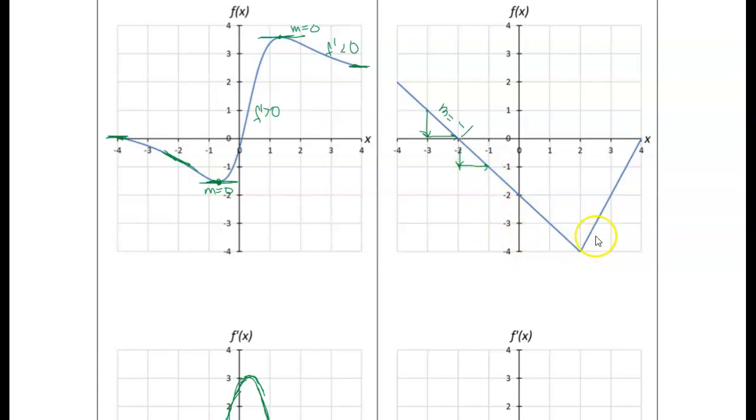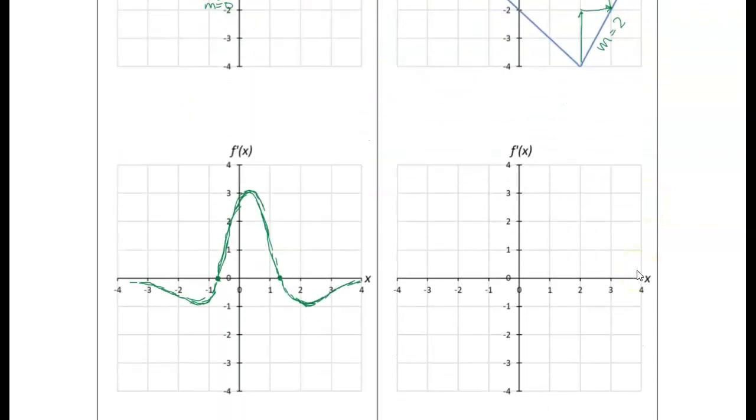So that's good. Now, over here on the other side, where x is greater than 2, it looks like I have to go up 2 and over 1, right? Up 2 and over 1. So it looks like over here I have a slope of 2. Okay, so the derivative is just the slope. So we're just going to plot those values down here.